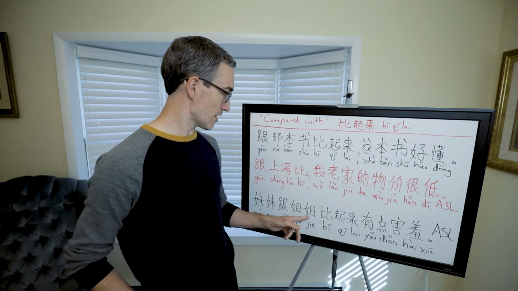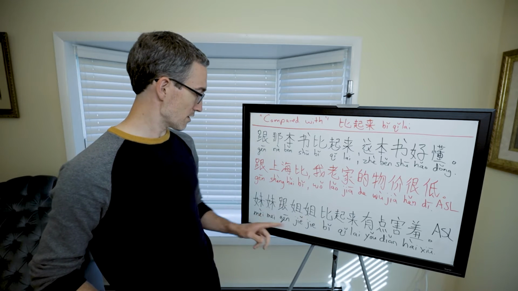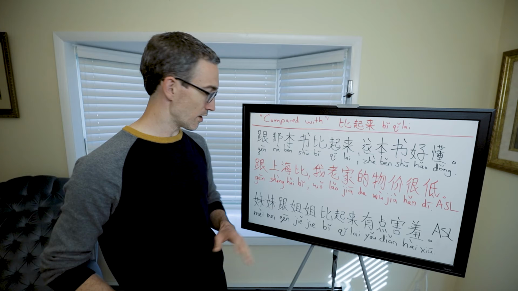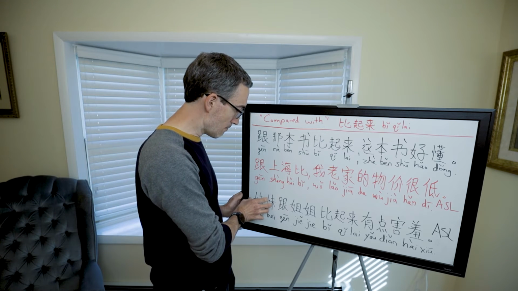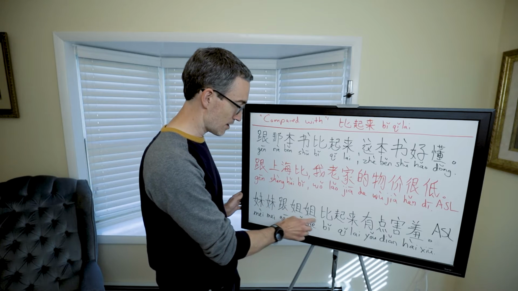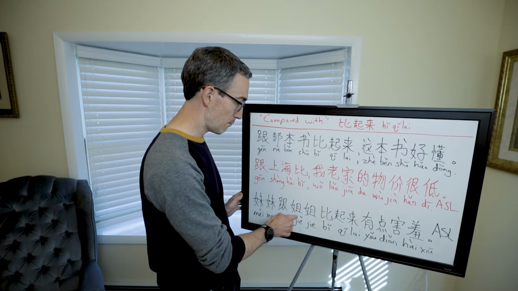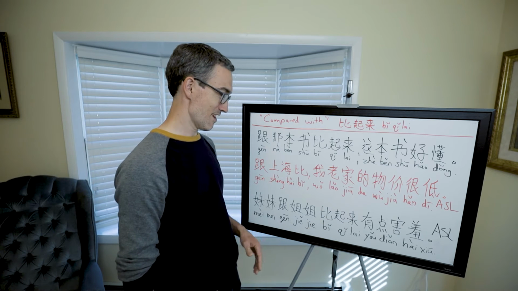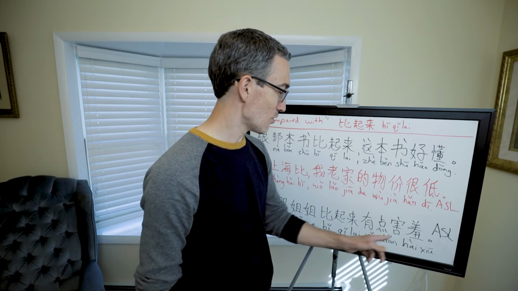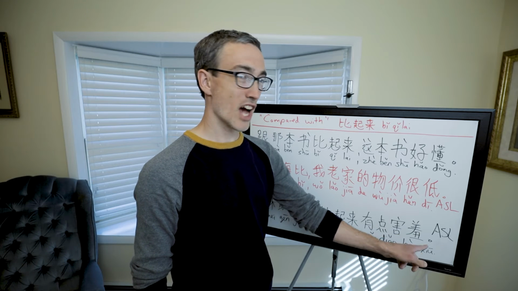Here's another one from All Set Learning, and this is where the subject of the sentence comes first. 妹妹, little sister, 跟姐姐比起来, compared to big sister, 有点害羞, is a bit shy.